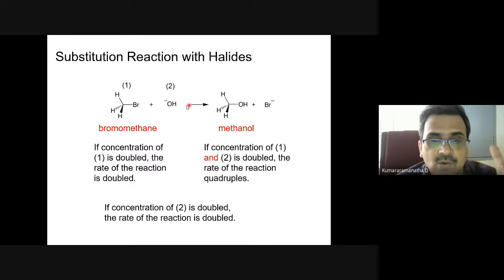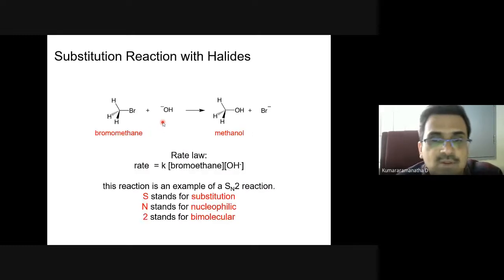If you increase the concentration of base, then the rate of the reaction quadruples. Means if both this and this are increased, the reaction rate becomes 4 times, which means there is a dependence on base in substitution reactions, which gives rise to what is called the substitution nucleophilic bimolecular reaction.